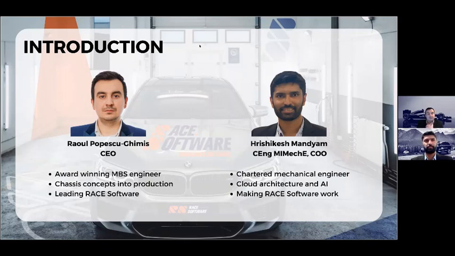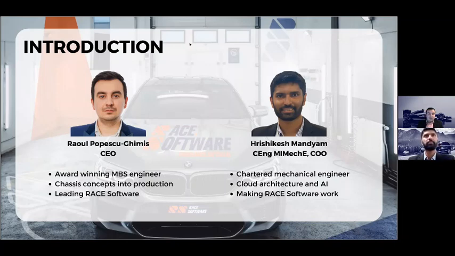Throughout my career, I've been involved in developing vehicle chassis and suspension systems for F1 cars, from McLaren to Red Bull as an example, and supercars such as the Aston Martin 177 or the Jaguar CX-75.